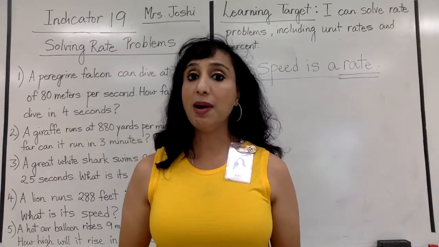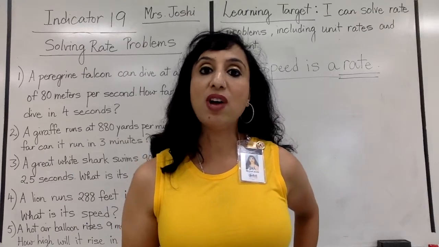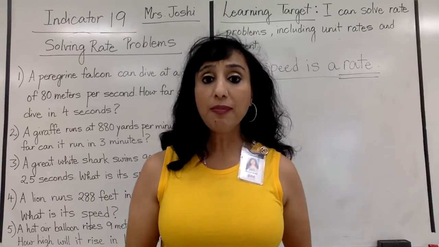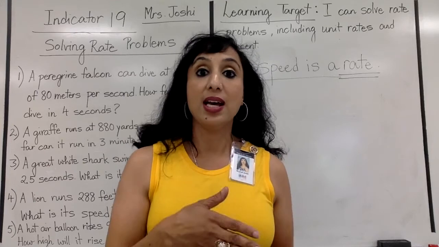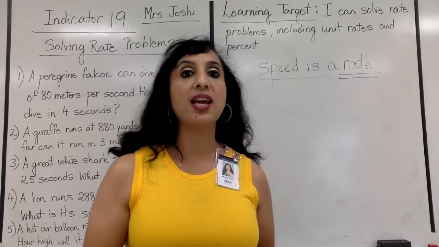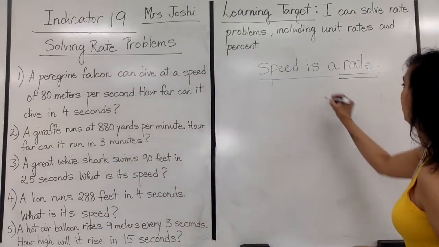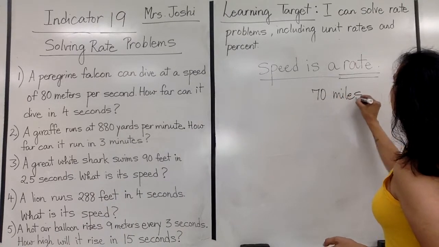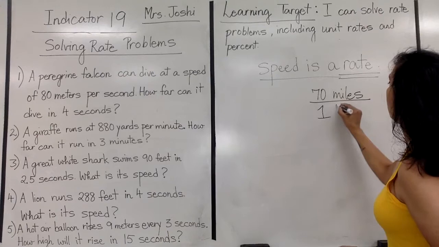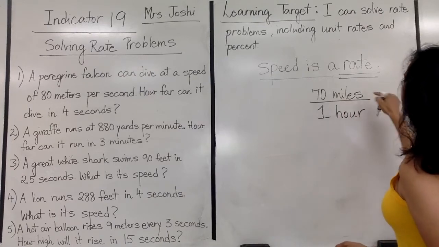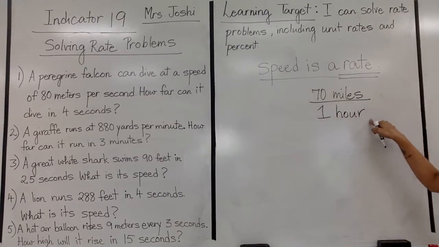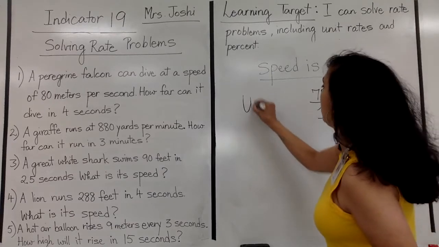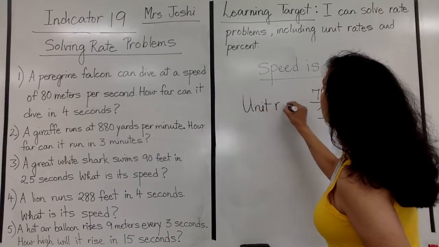So think about speed. When your parent is driving on the highway, and let's say they're going 70 miles in 1 hour. So when I write 70 miles over 1 hour, these are different units, and this is a unit rate.